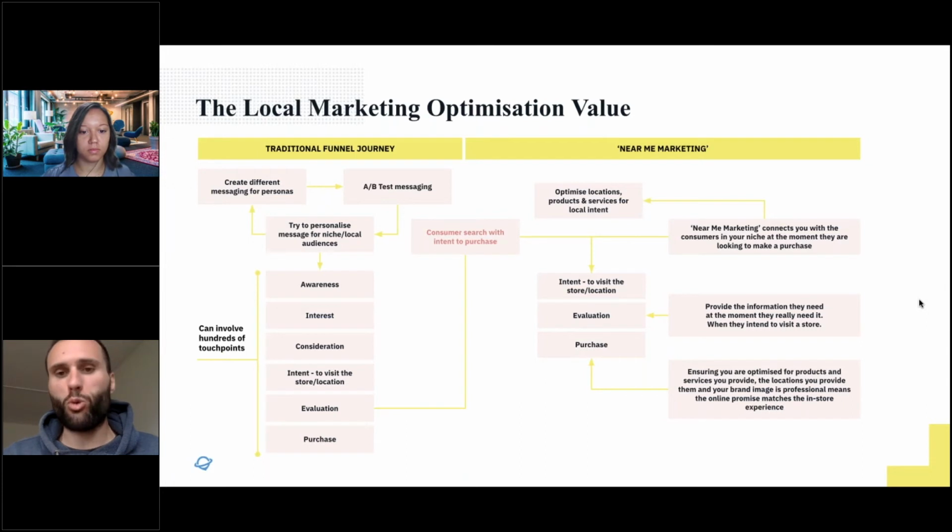You're ready for when they are evaluating your GMB profile with the review side of things, and you've got all that trust built out, not only at the brand level, but also at the location level as well. So it's really important to understand the value of local marketing, even when you're a large enterprise organization.